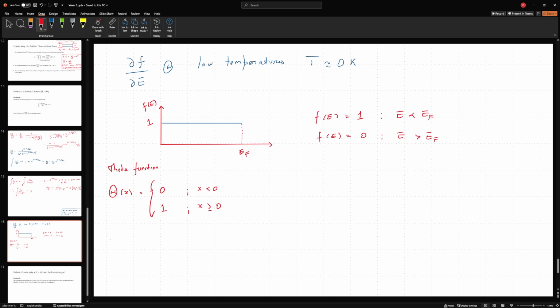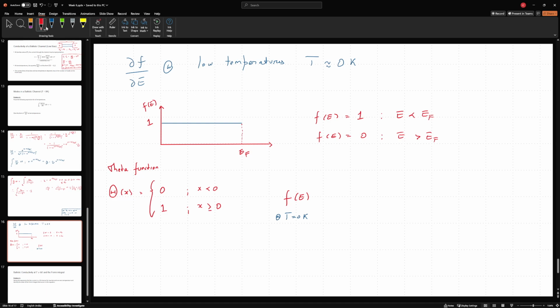So the first function that I will consider, let me write it like this. I want f of e at t equal to 0, so all of this is at t equal to 0 Kelvin. Okay.